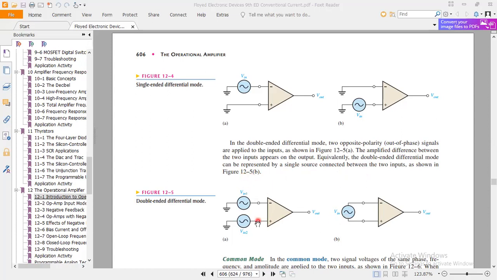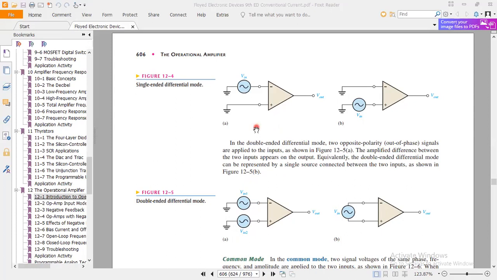You can see there are two different inputs provided to the inverting input and the non-inverting input of an op-amp, Vin1 and Vin2, in the double-ended differential mode. And before that we discussed the single-ended mode of the differential op-amp.